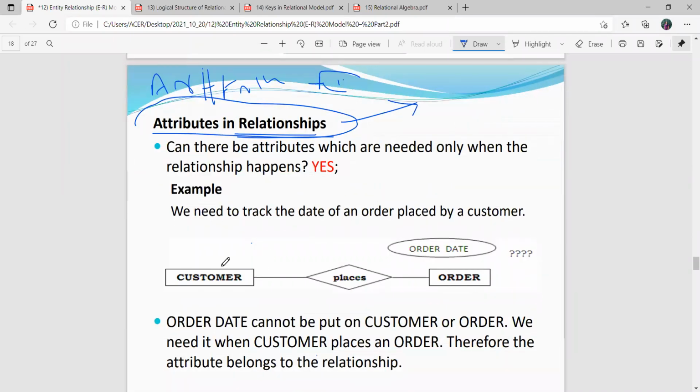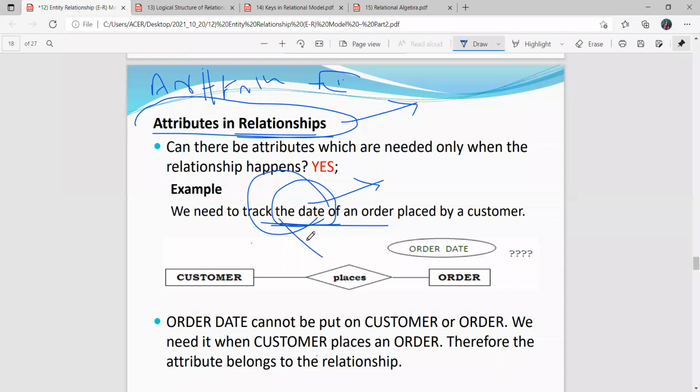For example, take the customer and the order. A customer can place an order. We need to track the date of an order by the customer. There are two entities, the customer and the order. If you need to track the date, the order should be placed.